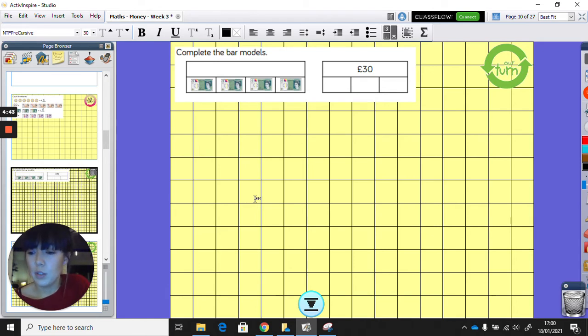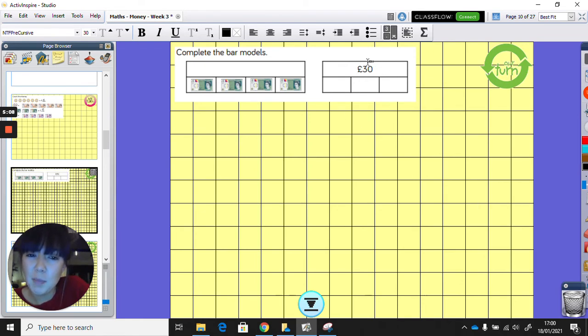Now what we're going to do is you're going to pause the video in a second and have a go at completing the bar models. But first of all, I'm just going to quickly go through how we do it. As you can see, there's an amount of money there. I'm not going to tell you what it is now. I'll tell you after. And if we add all of these up, we get our big amount at the top. So you pop your full amount at the top, okay? And then you've got to do the opposite.